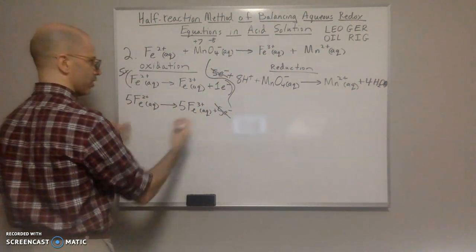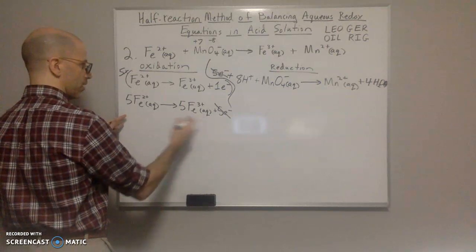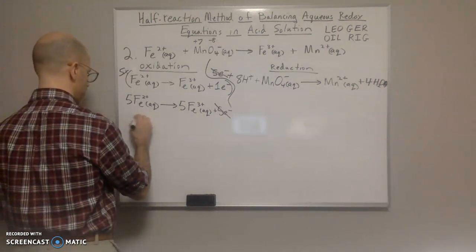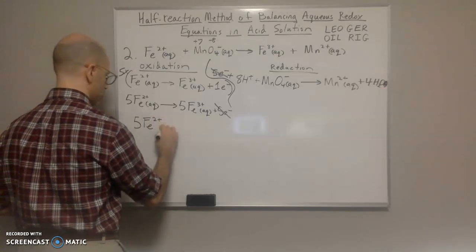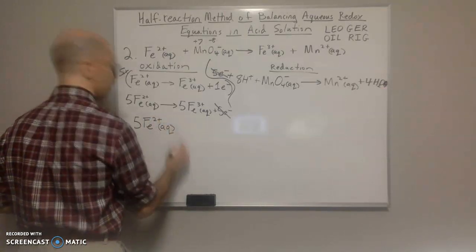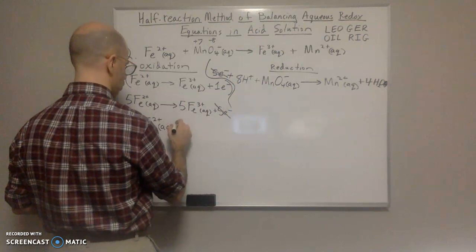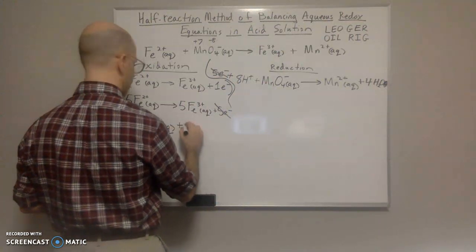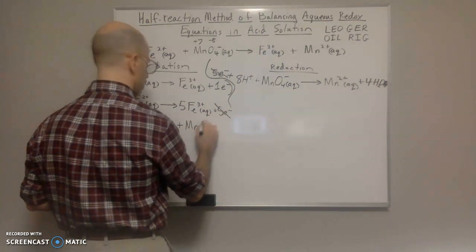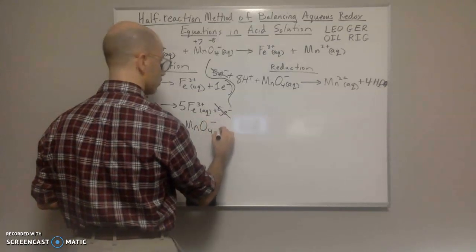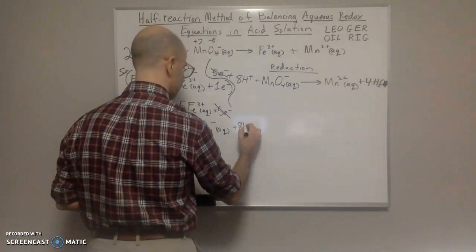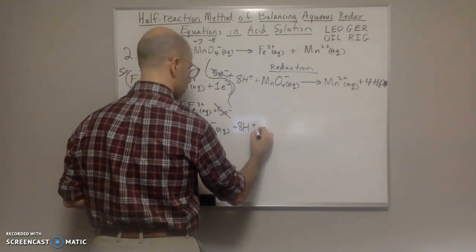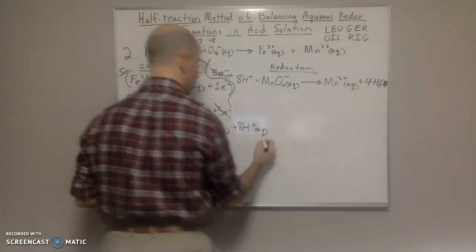Now I'm going to add everything on the reactant side. So here I have 5 iron 2 plus aqueous. Then the reactants on this side, so plus MnO4 minus aqueous plus 8 H plus aqueous.